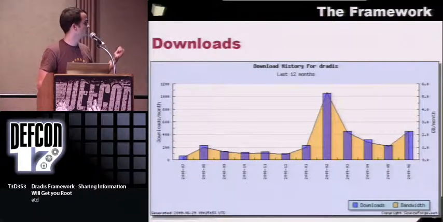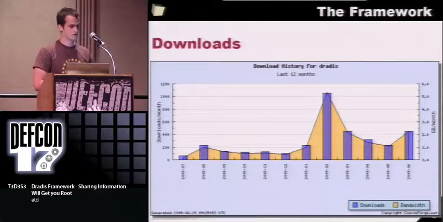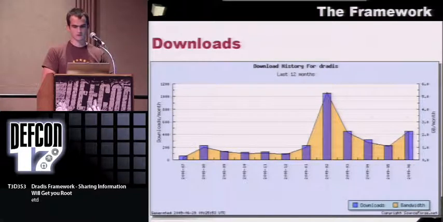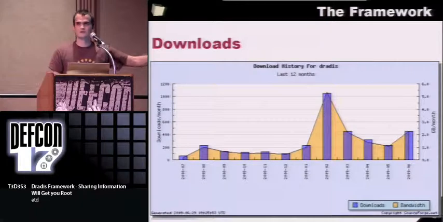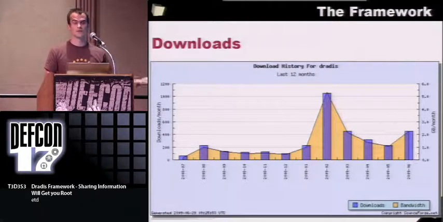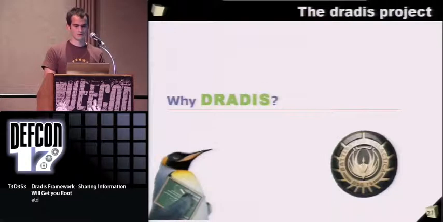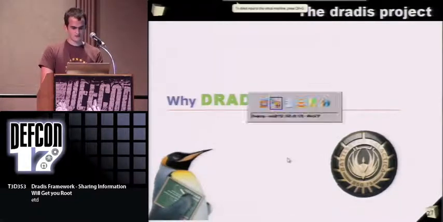This is a view of downloads from SourceForge. February is our highest ever, with 1,000 downloads, and it's been growing from the beginning in 2007. I think we started in summer, and we published on SourceForge in late December, and we are getting there. So why Dradis?